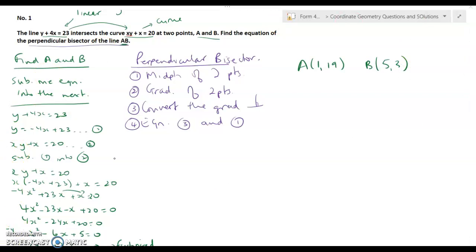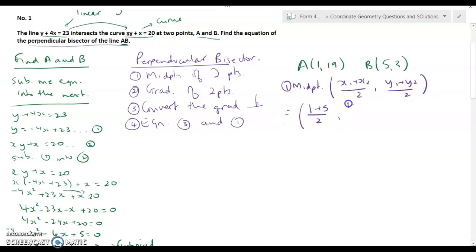Those steps are, first one, find the midpoint. So 1, the midpoint, the formula is x1 plus x2 on 2, y1 plus y2 on 2. So we'll use 1 plus 5 on 2, 19 plus 3 on 2, which will be 6 on 2 and 22 on 2, which is 3, 11.